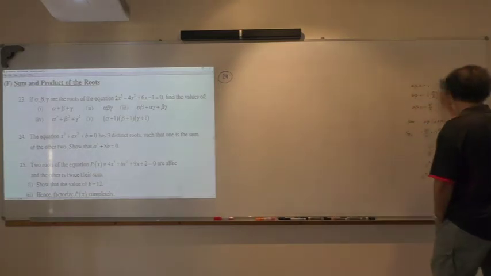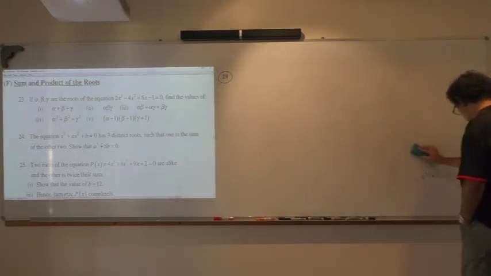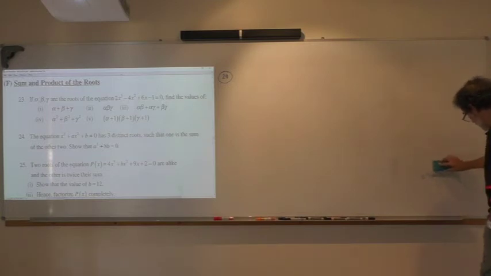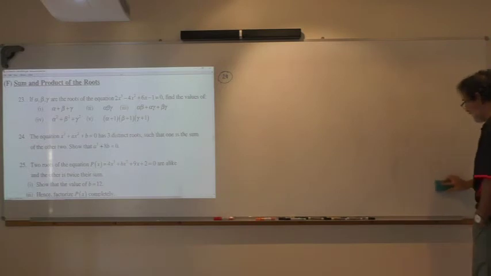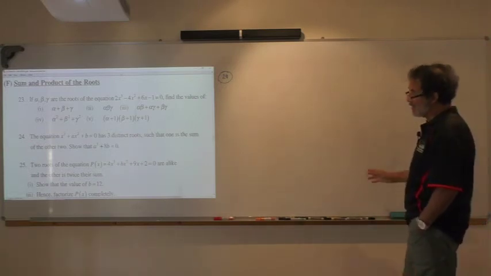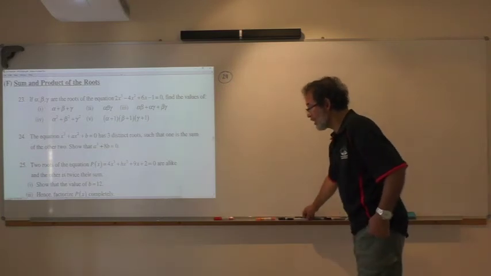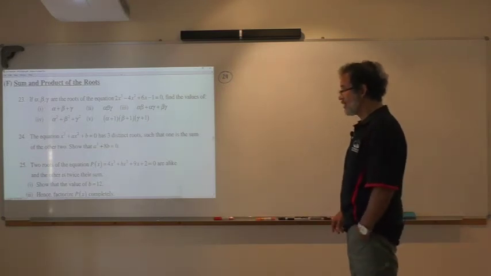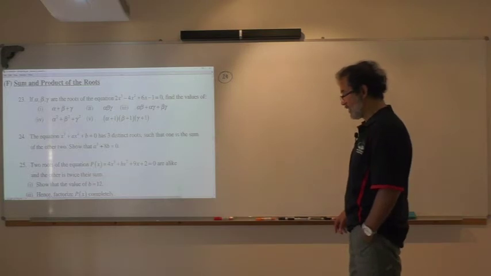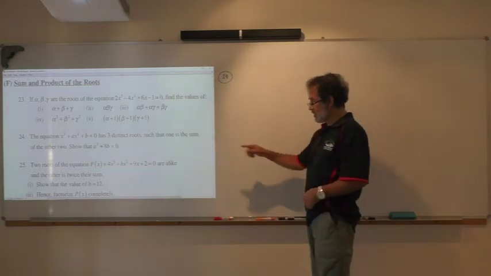Okay, so the answer should be a cubed plus ab equals 0, not a cubed minus ab equals 0. Okay, but anyway, they made a typo there, and that's it. Now we're going to move on to question 25. All right, so you're going to move this up again.